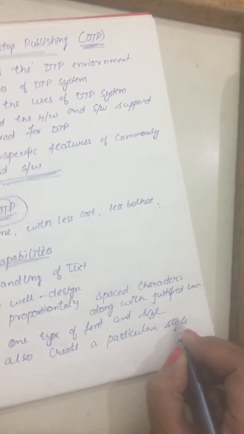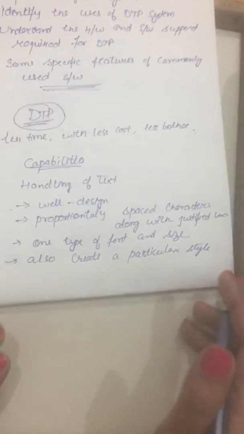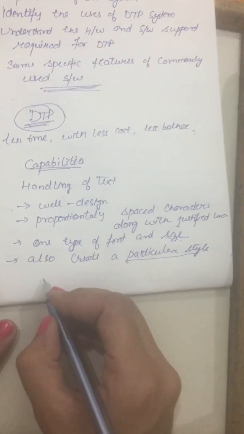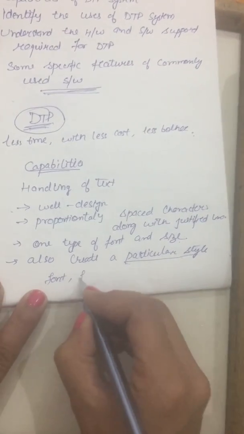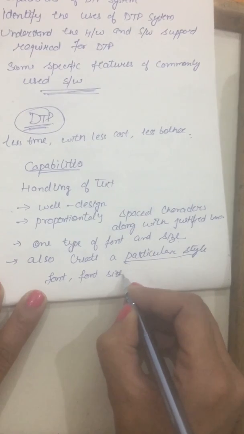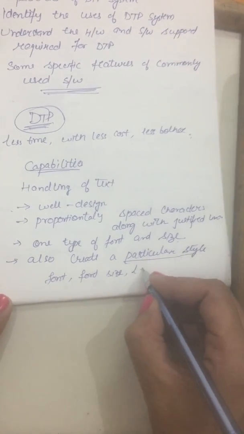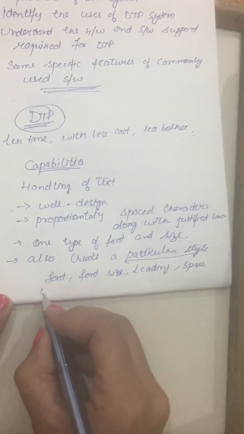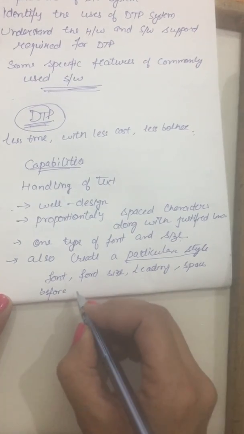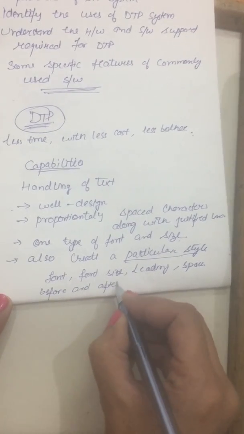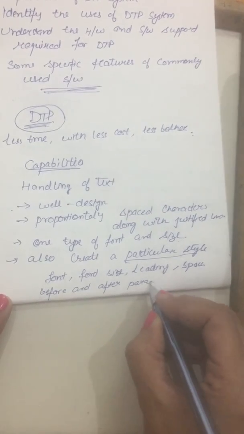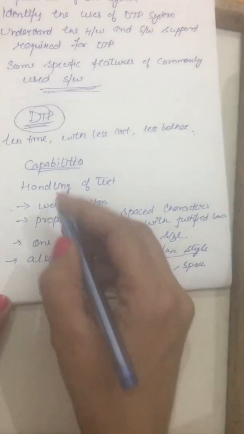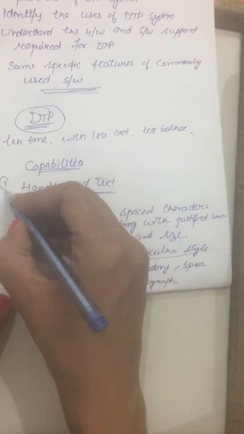Style means font, size, leading, space before and after paragraph. All this, all formatting, is done under the handling of text. This is the first point of the capabilities of the DTP system.